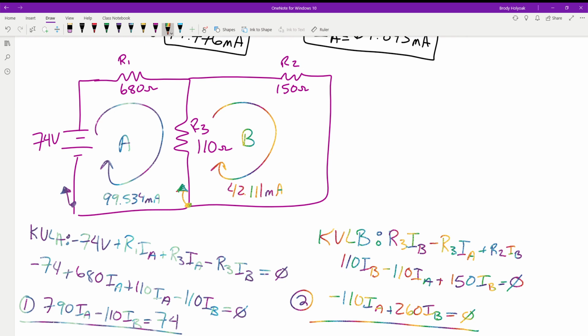What current do we have going through R1? 99.534 milliamps, and that's it. There's no other loop or current path going through R1. So the voltage of R1 is this current times this resistance.